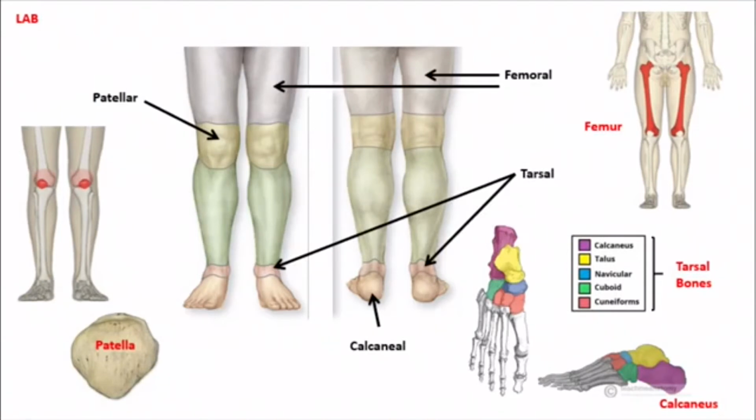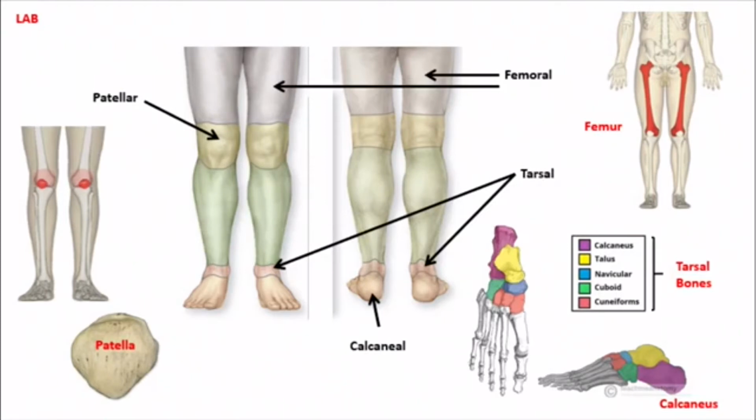The patellar region is the front of the knee, and this is coming from the bone there, the kneecap, which is a sesamoid bone, a short bone called the patella. The femoral region, that kind of thigh region, that naming convention is coming from the bone that we have there, which is the femur.